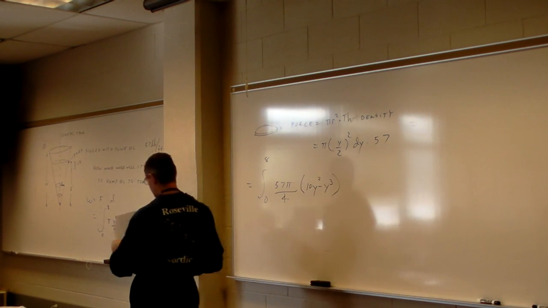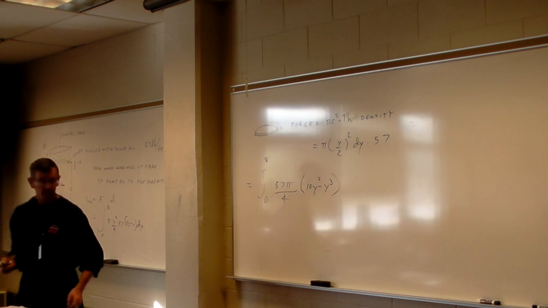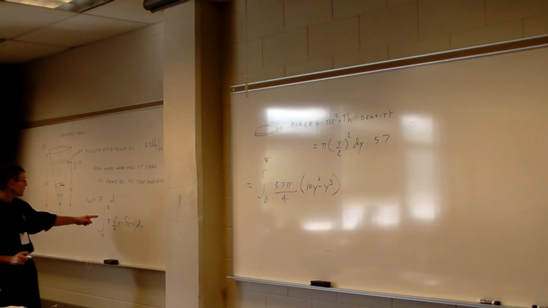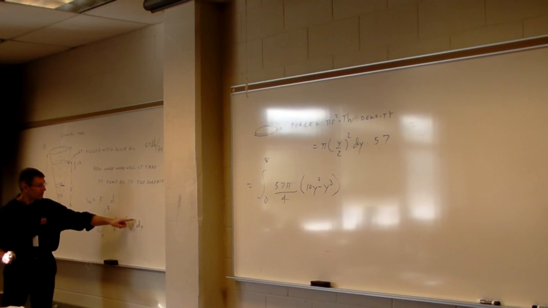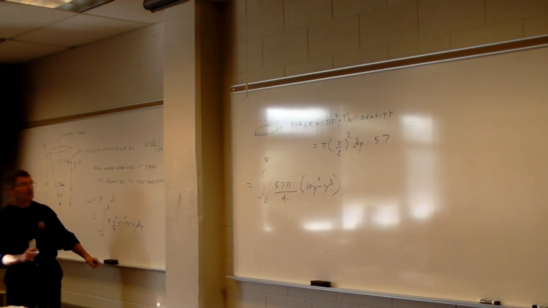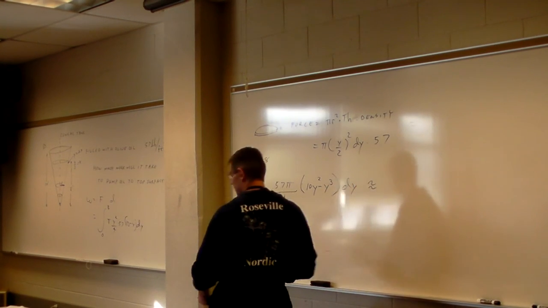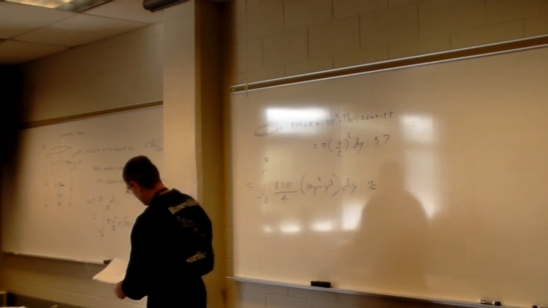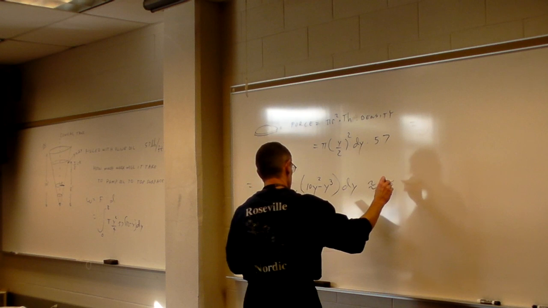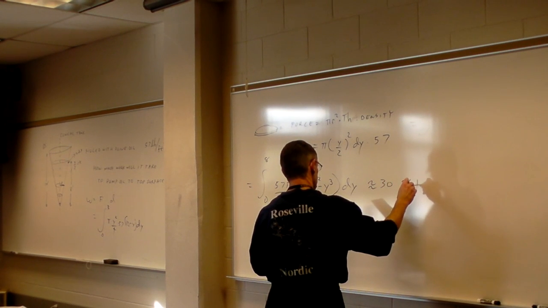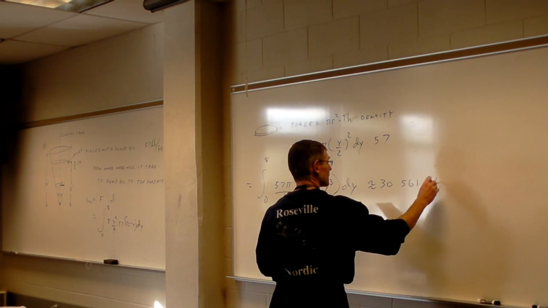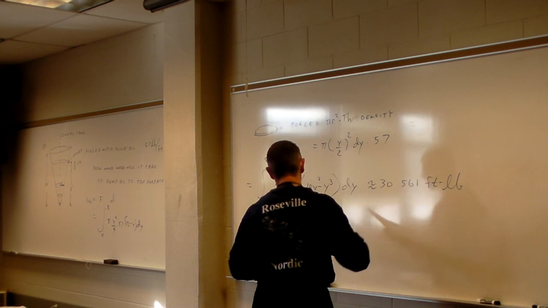I guess that would be the easiest. I just multiplied y squared times this and grouped these numbers together. So now it gives you, and it turns out to be roughly 30,561 foot-pounds.